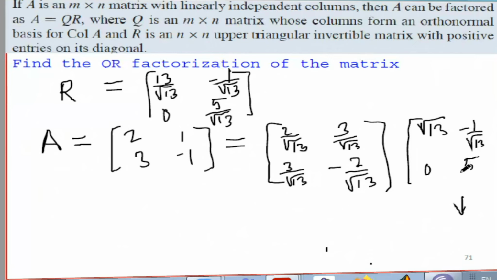In this way, the given matrix can be factorized by the QR method into two matrices. This one is first and this one is second.